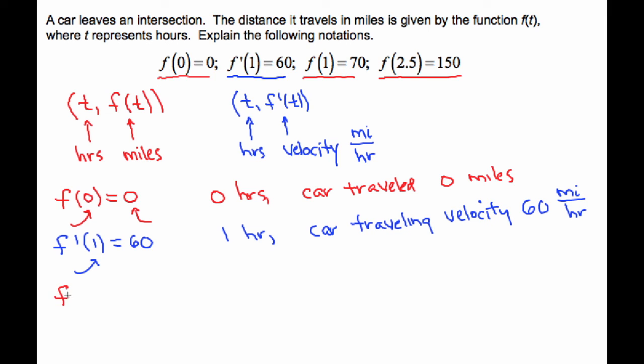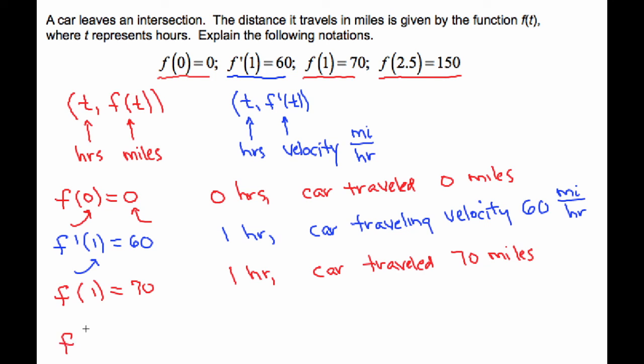When the function is evaluated at 1, the output is 70. So when the car has traveled 1 hour, the car has traveled 70 miles. So I suppose at some point that car must have been going faster than 60 miles an hour.